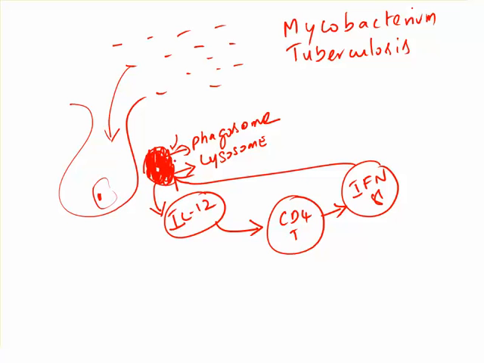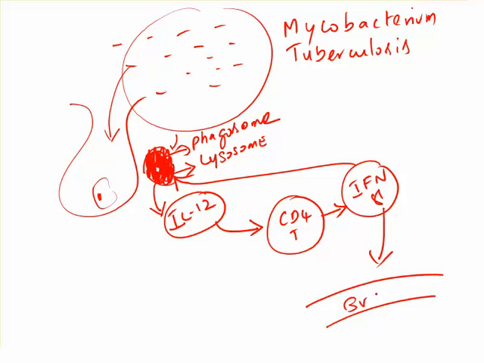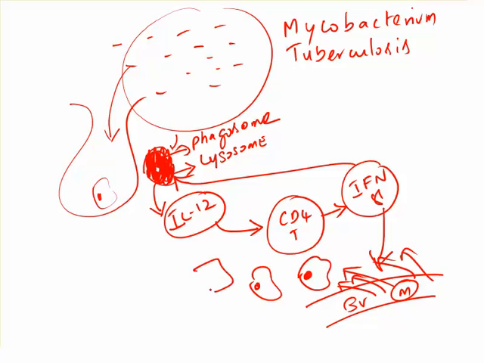You understand? So now we need a lot of macrophages. So they go to the blood vessel. In the blood vessel we have monocytes, and the monocytes come out and become macrophages. Now a lot of cells are coming out, right?